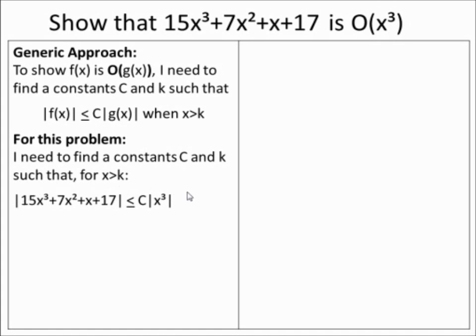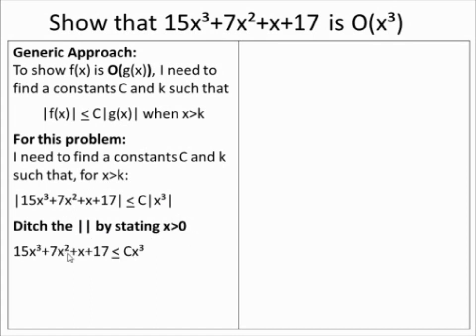I can simplify this a little bit. Notice that I can get rid of the absolute values because there's no subtraction. So as long as x is always positive, there's no way that I'm going to have negatives anywhere. So if I don't have negatives anywhere, I don't need to worry about absolute values. So let me do that. Let me say that x is greater than 0. That way I can get rid of the absolute values. Now you might feel like this is cheating, but it's not.